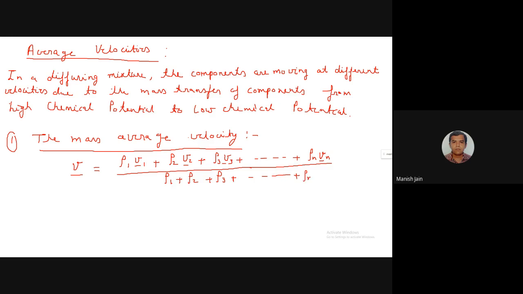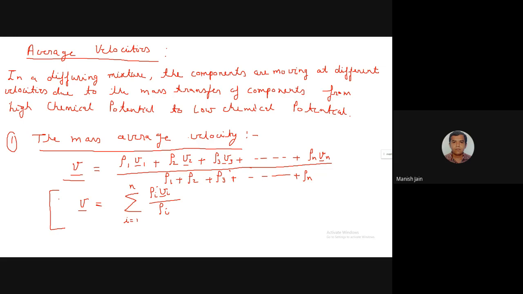Or you can write V equal to the summation of i equal to 1 to n of rho i Vi divided by the summation of rho i. Here rho represents the mass concentration, and V represents the velocity of the individual component. The first component velocity is V1, the second is V2, the third is V3. So you can calculate the average velocity of the solution. Whenever you measure the velocity, that is the mass average velocity.